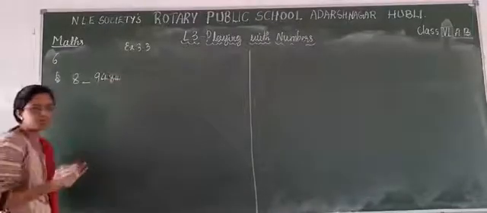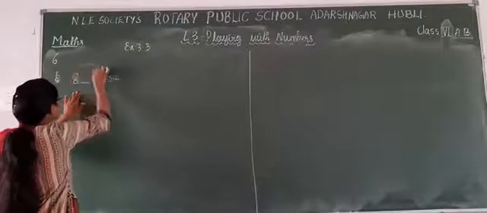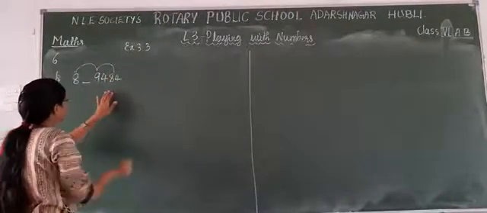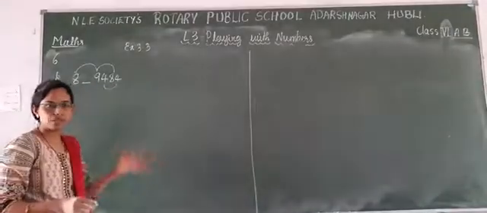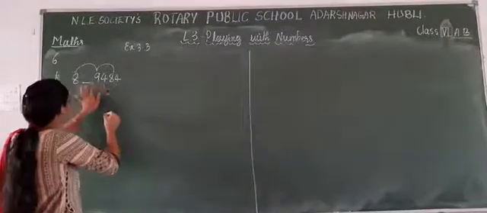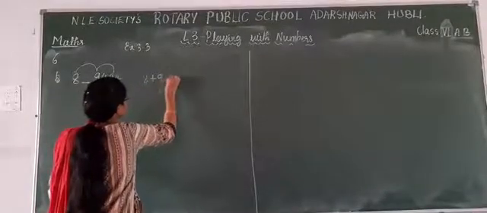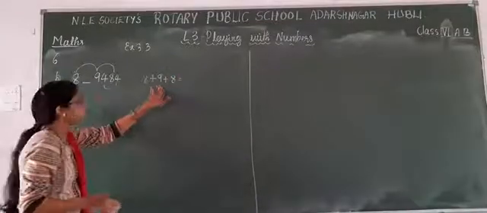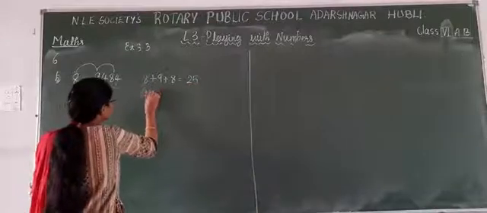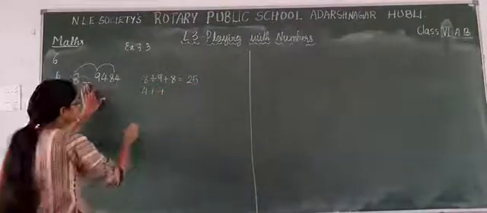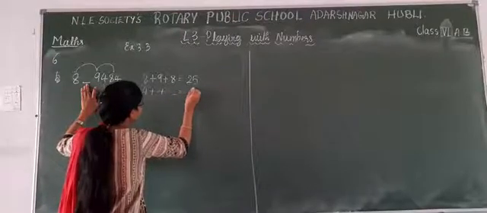Divisibility test of 11: the difference of the sum of digits in the odd places and the even places should be a multiple of 11 or 0. So 8 plus 9 is 17, 17 plus 8 is 25. Here 4 plus 4, and the digit here is not known.